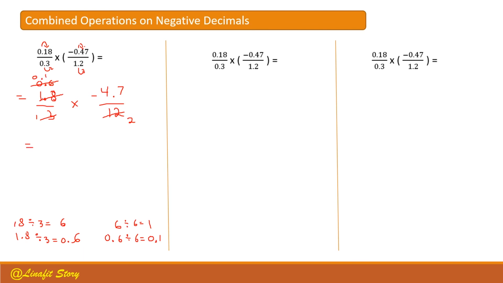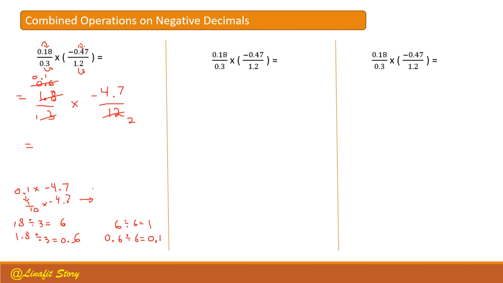So that 0.1 times negative 4.7. 0.1, this is 1 out of 10. 1 out of 10 times negative 4.7.